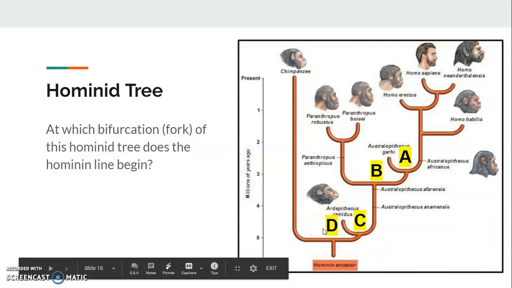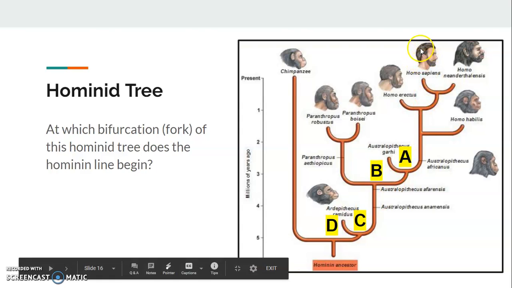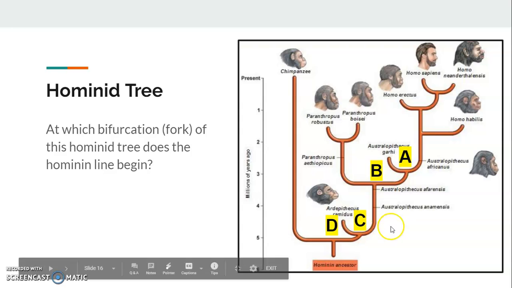We know that hominins include any species that is more closely related to Homo sapiens than it is to a chimpanzee. The only hominin that is extant today is us, Homo sapiens, but we had many ancestors in the hominin line that were more closely related to us than chimpanzees.